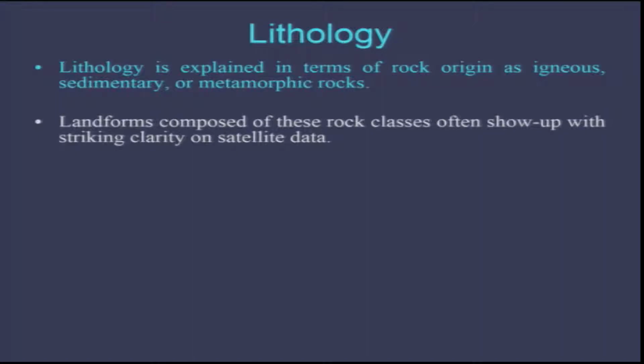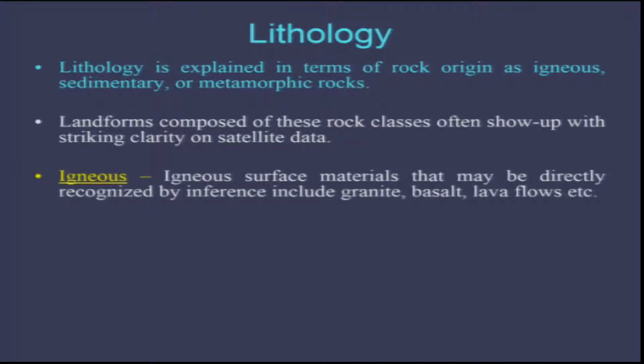Now, landforms composed of these rocks can often show up with striking clarity on satellite data. You will be able to differentiate that this area is having a different lithology than the surrounding one, based on some very striking features that we will see. If we take igneous rocks, the igneous surface material that may be directly recognized by inference includes granite, basalt and lava flows.